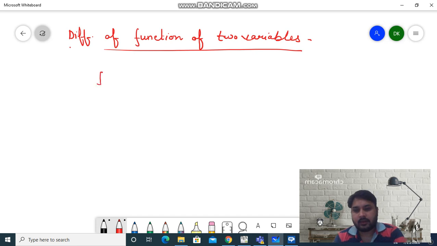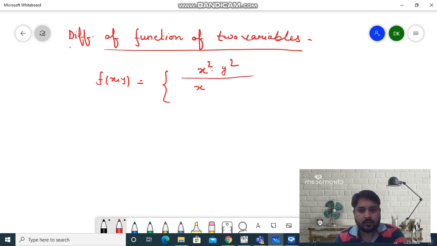We are given a function of two variables, f(x,y) = x squared y squared whole upon x squared plus y squared when (x,y) is not equal to (0,0), and this is equal to 0 when (x,y) is equal to (0,0).